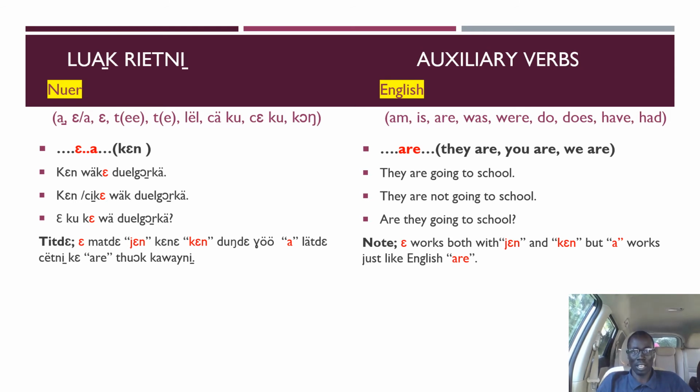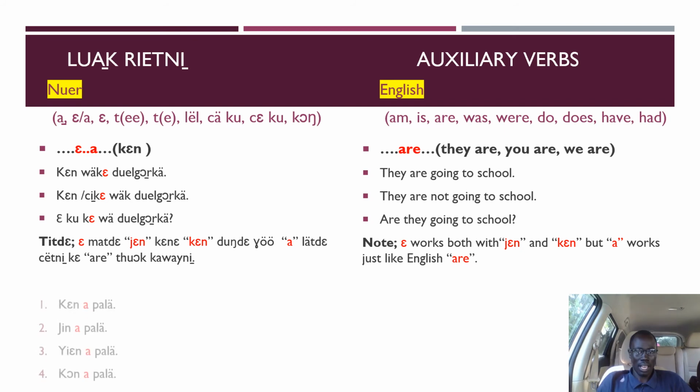And ken here stands for they. So that means is used for he, she, it, and they in Nuer. Although they in English is always used with are. But when you use are, it works just like English are. So you can use are for they, you, and we, just like they are, you are, and we are.